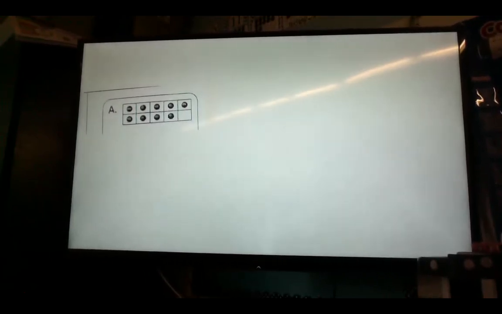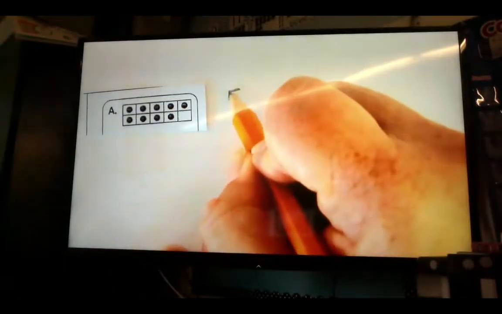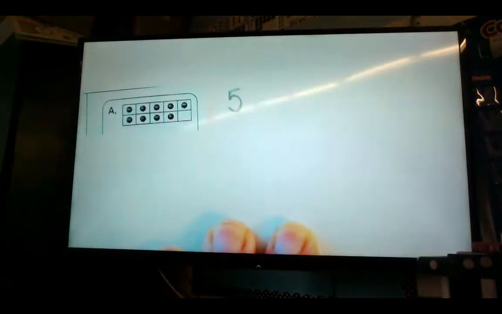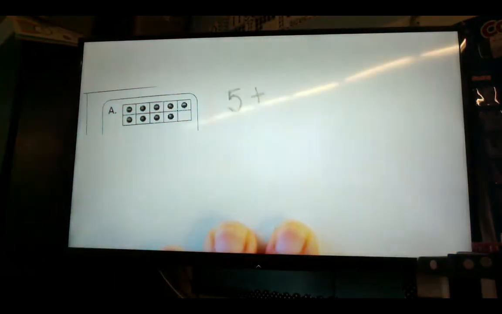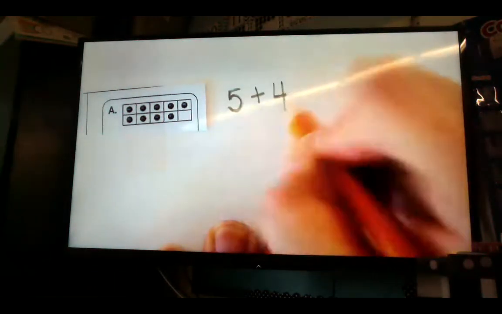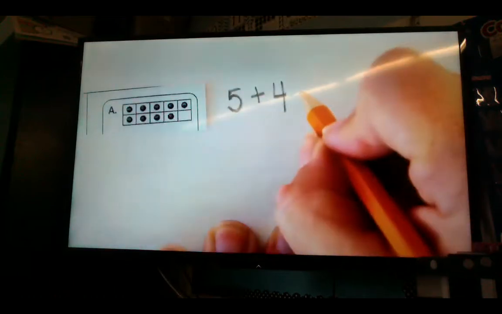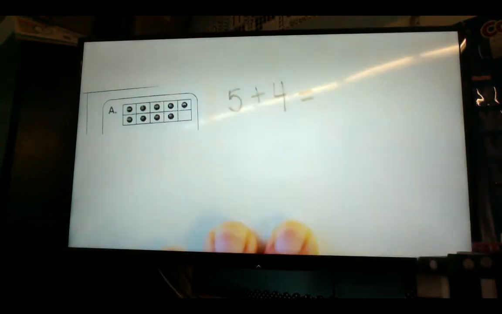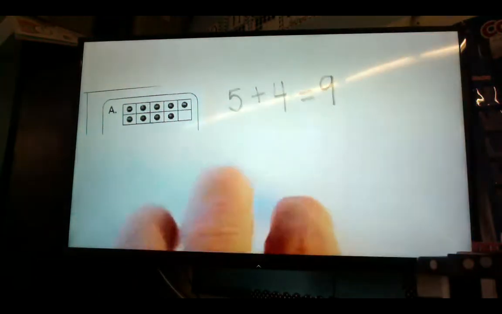I'm going to write an equation to match. I see 5 dots on the top. I see 4 more dots on the bottom. And I see 9 dots all together.